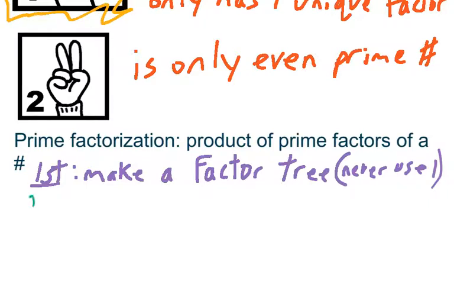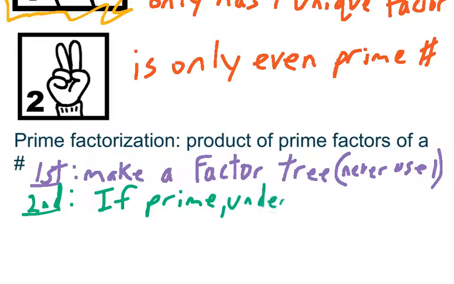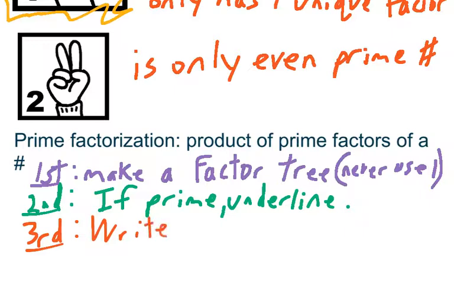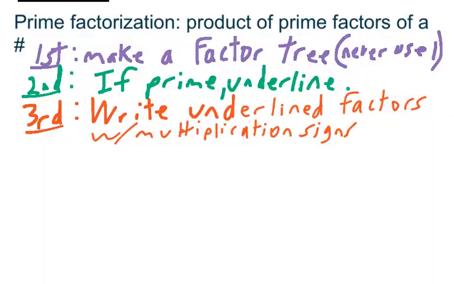All right, and then our second step: if prime, underline. Because you're only going to be looking at these prime numbers, so we want to underline them to draw attention to them. If prime, underline. And then the third step is we want to write the underlined factors with multiplication signs.